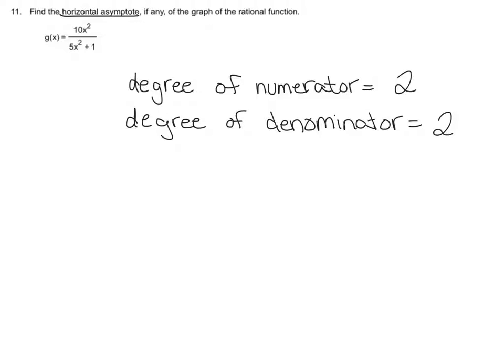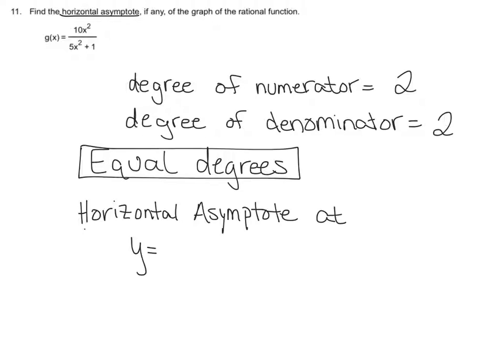Since the degrees are equal, that means that the horizontal asymptote is found by dividing the leading coefficient of the numerator by the leading coefficient of the denominator. The leading coefficient of the numerator is the coefficient next to the variable with the highest degree.